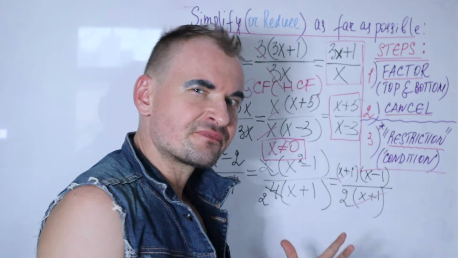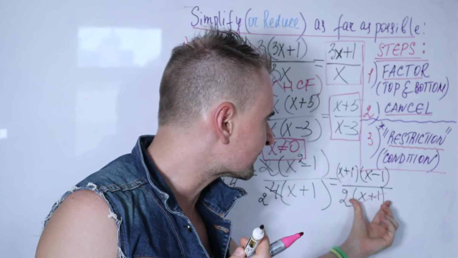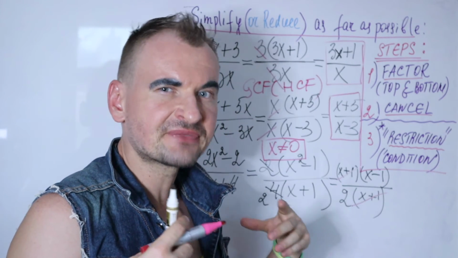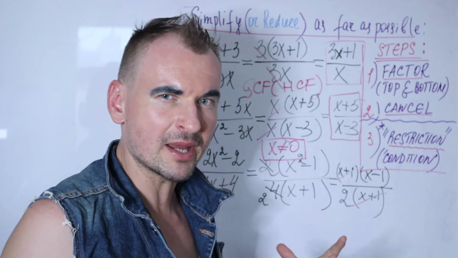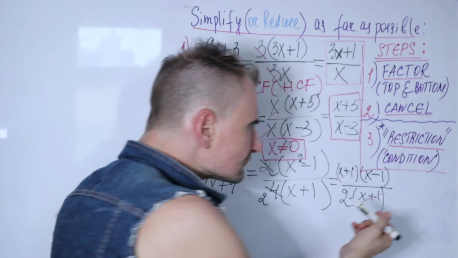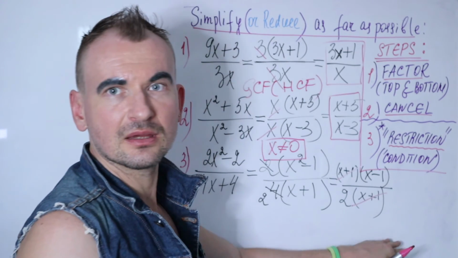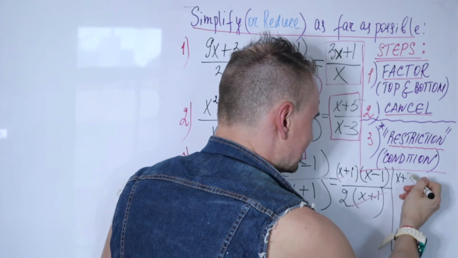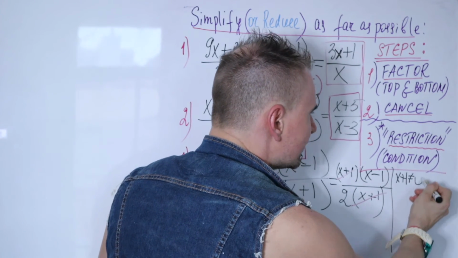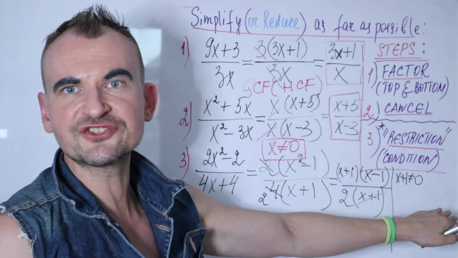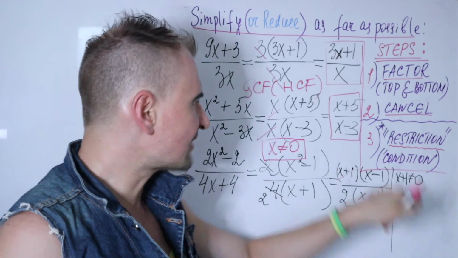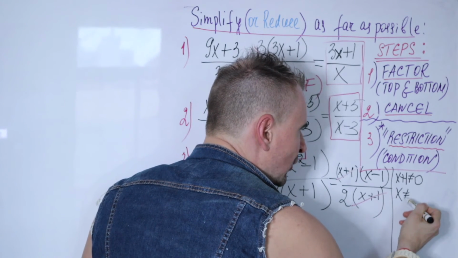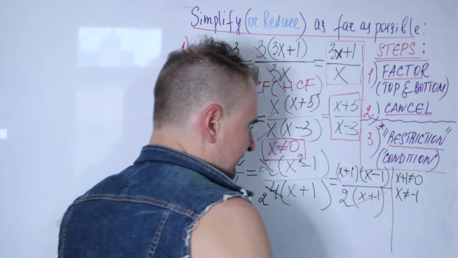Now again, when you cancel by term, this term actually creates this division problem. So x plus 1 actually cannot be equal to 0. You could do this off to the side, this side calculation. So your x actually cannot be equal to -1.